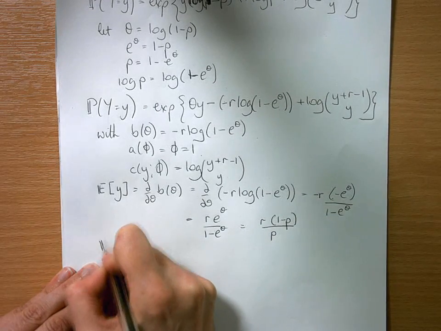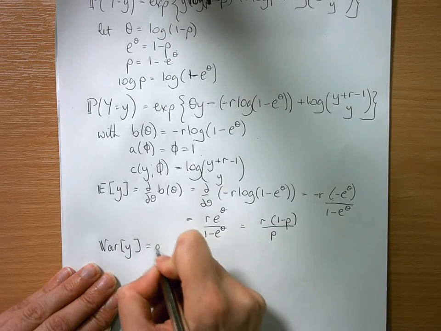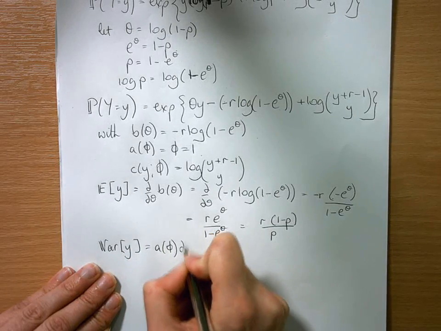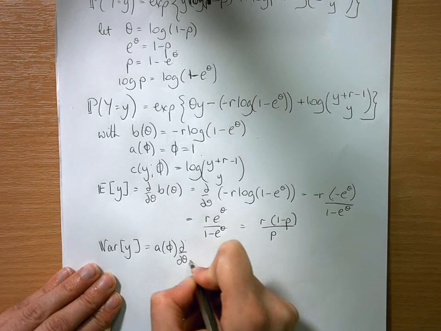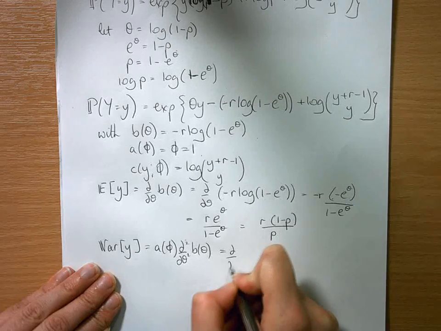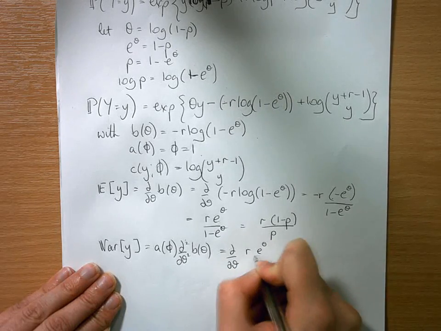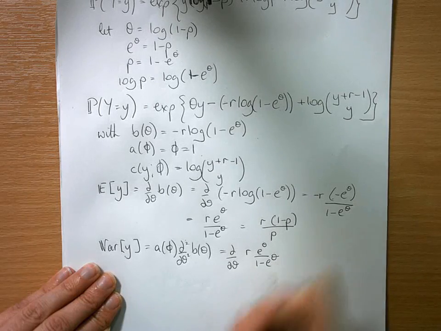The variance of y is a of phi times the second differential with respect to theta of b of theta. So in this case it's the differential with respect to theta of r e to the theta over (1 - e to the theta).